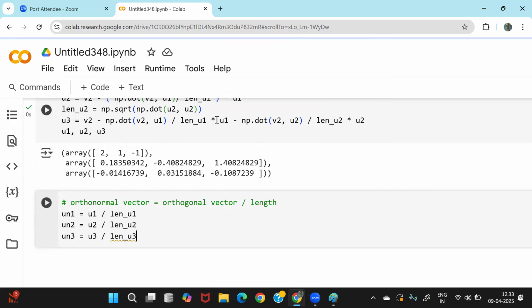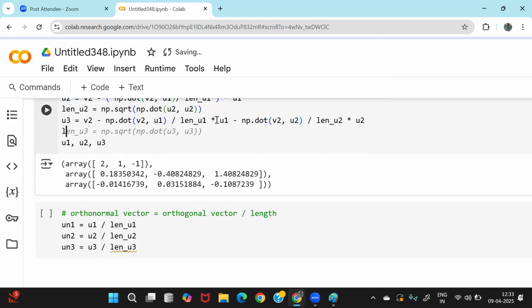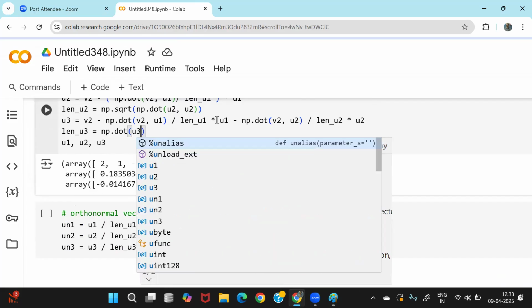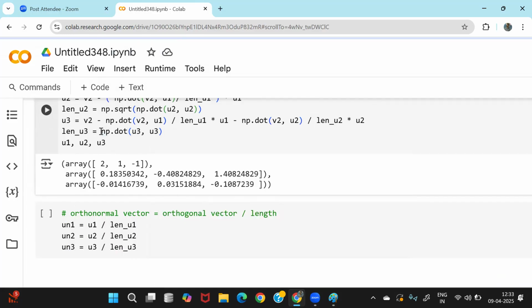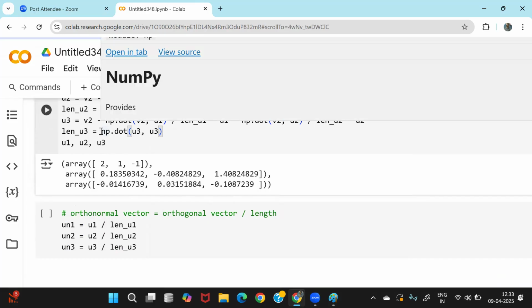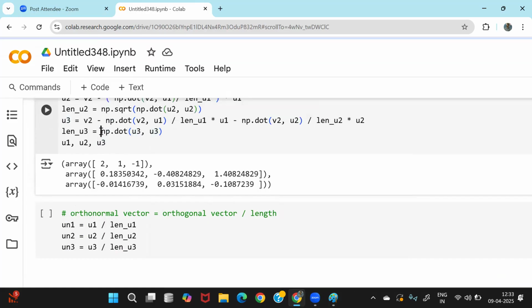I didn't find length of u3, I think. Let us find out that. Length of u3 is equal to the square root of dot product of u3 with u3. So you get the square root by using the square root method of the numpy module.